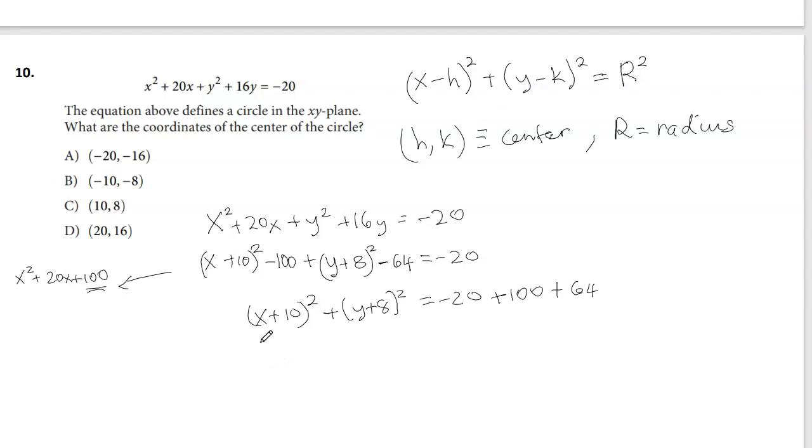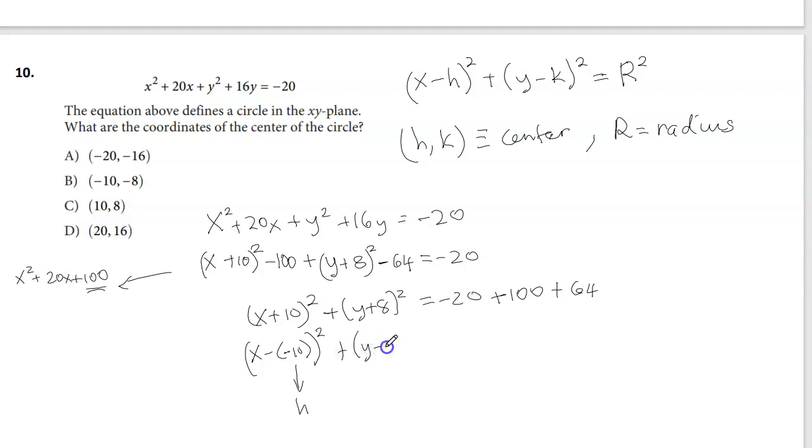So it means that this here, if you want to keep working, you can actually write it as x minus minus 10 all squared, right? So that it's clear that this minus 10 is the h, right?